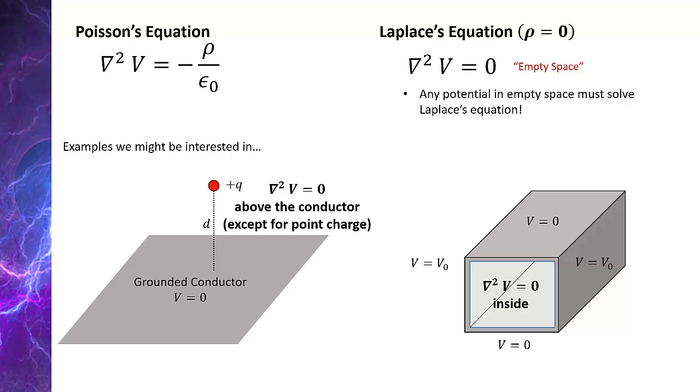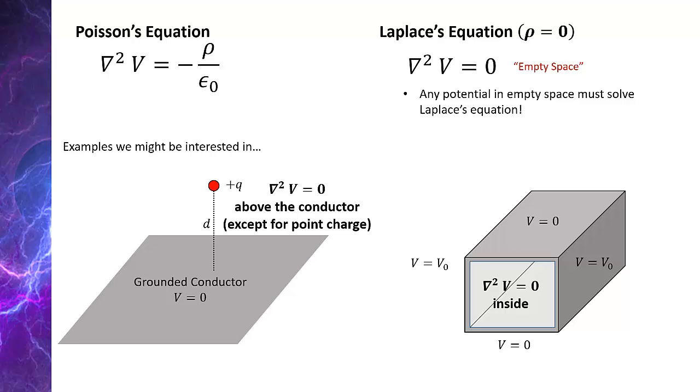Inside the pipe there's nothing, just empty space, so the electric potential obeys Laplace's equation inside. But you have to worry about the boundaries, namely the top, bottom, left and right, which are set at particular electric potentials. So we'll have to solve Laplace's equation inside the pipe subject to those boundary conditions.